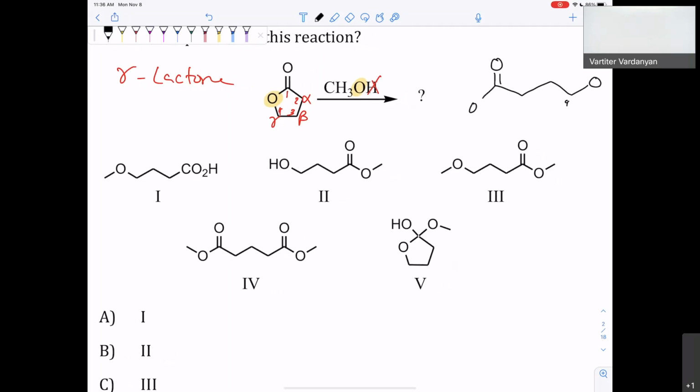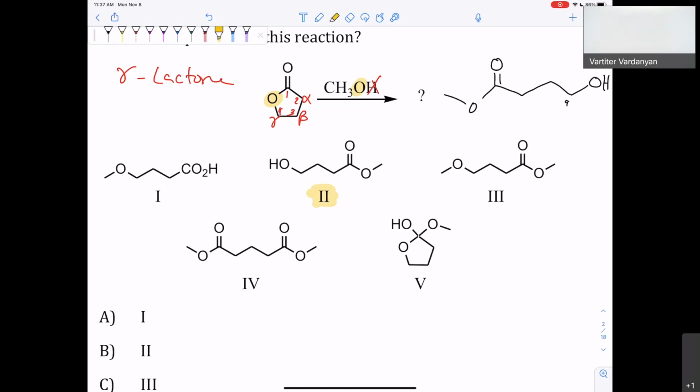So we get OCH3. And what does the O on carbon 4 turn into? OH, or an alcohol. Perfect. So then you can just match up whichever answer fits. And that would be which one? Number 2.